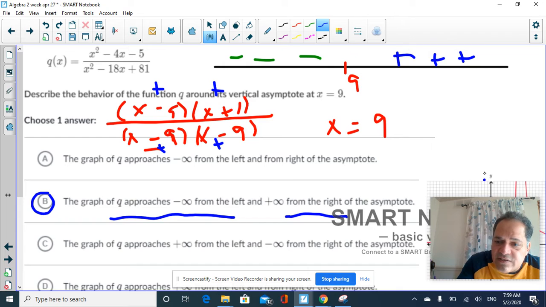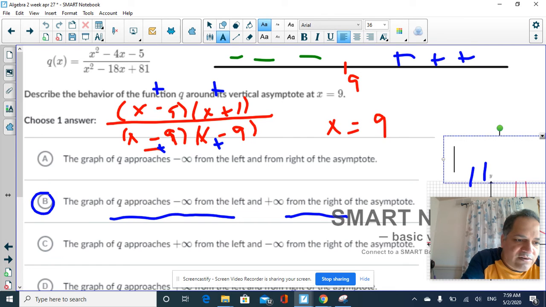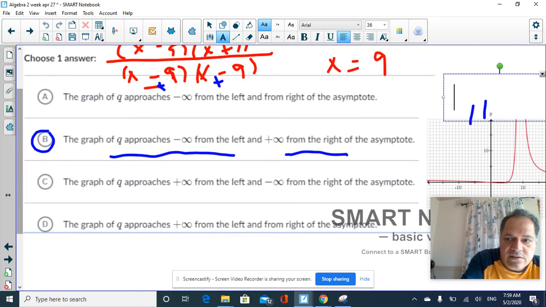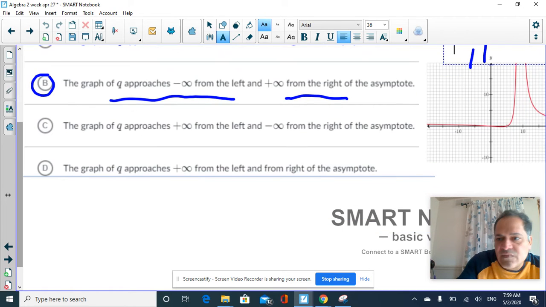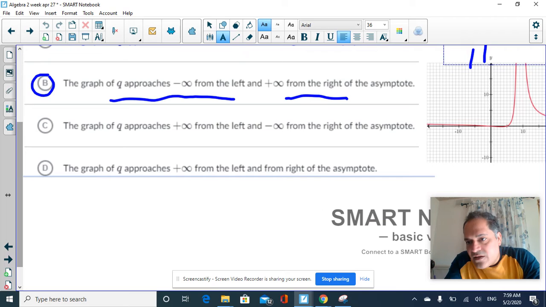So if you check the graph itself, I'm going to show you the graph in the calculator. This is the graph. At 9, the function from left is going to what? Infinity. Oh, it's going to infinity from both directions. So we made a mistake, or the graph is wrong.